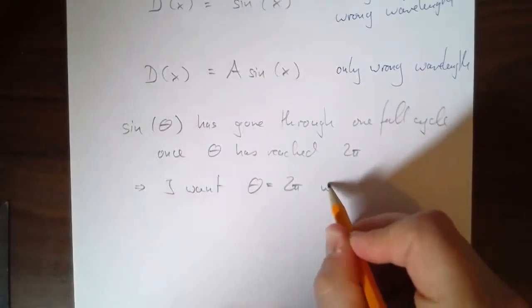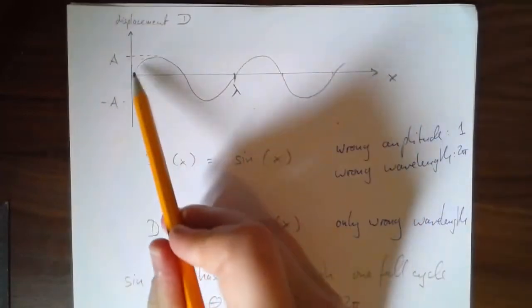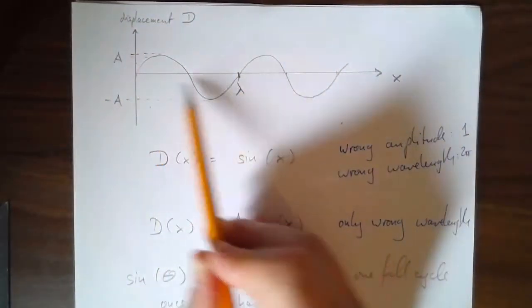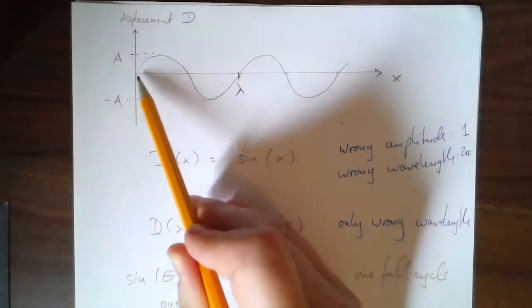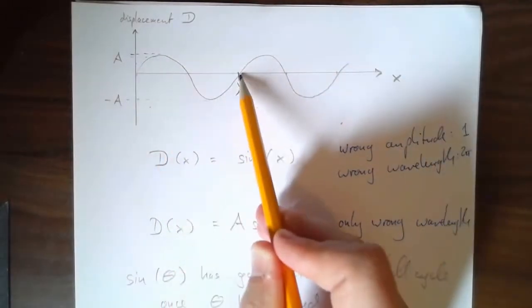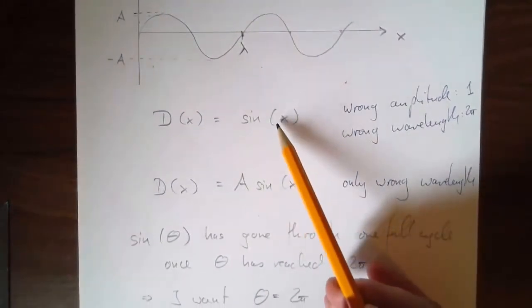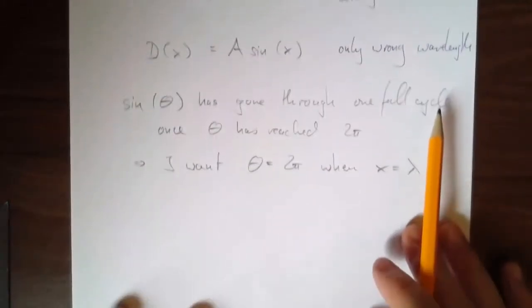Theta equals 2 pi when x equals lambda, right? So x starts at 0, it keeps getting bigger, and once I reach the value lambda, maybe 2 meters of wavelength. Once x has gone from 0 to 2 meters, I want the thing inside the sine function to have gone from 0 to 2 pi.